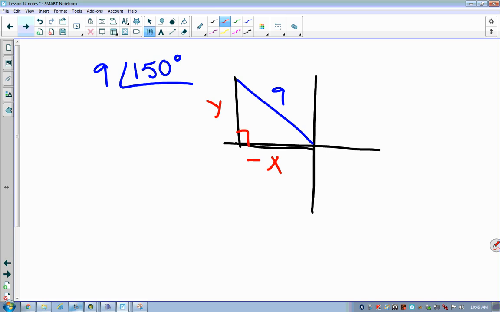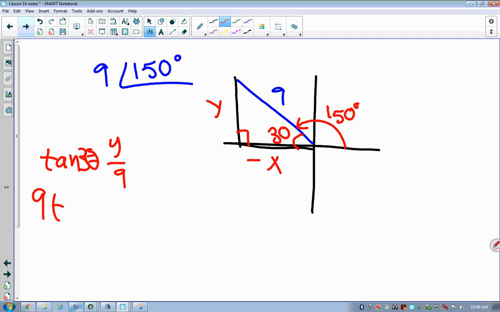If I want to find y, that's going to be my angle that I'm going to use. y is going to be opposite over hypotenuse. Okay, so tangent equals y over 9. We don't know, but we do know if this is 150, this is 30, right? So tangent 30 equals y over 9.